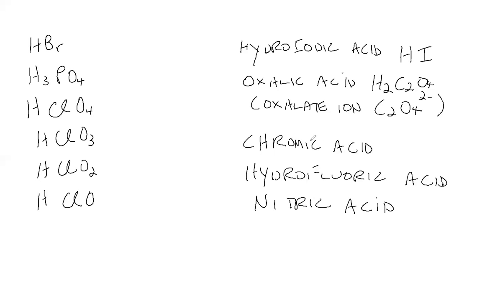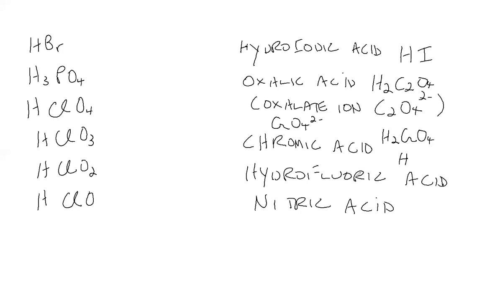All right, chromic acid. So ic means we are using the chromate ion. So remember, chromate is CrO4 2-. So we're going to need 2 hydrogens and then just our formula for the polyatomic. So H2CrO4, that's it. Hydrofluoric acid, okay, hydro, we don't have a polyatomic ion.